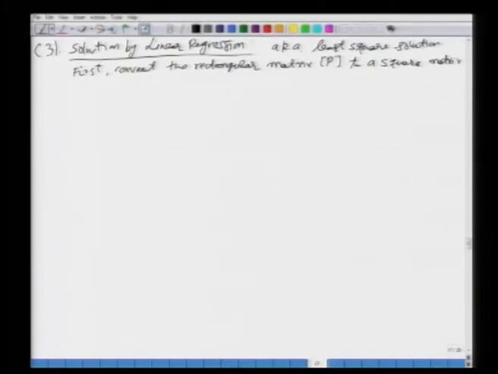Let us say you have this equation P times U is equal to Q, is it not? That is what we have. So, basically that would give you U is equal to P inverse times Q.